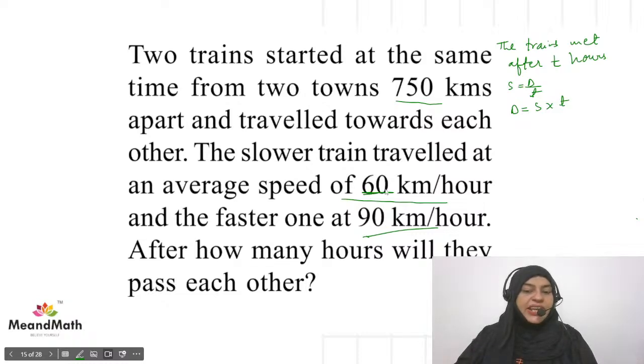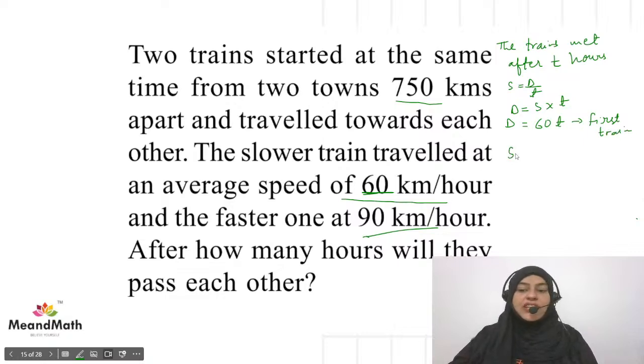Now for the first train, speed is equal to 60. So the distance covered by the first train will be 60t.